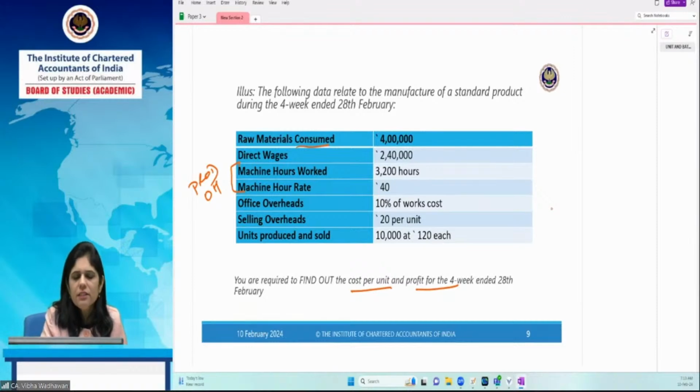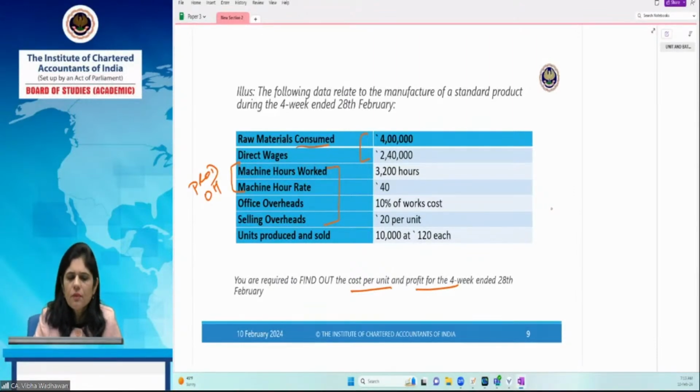Overheads are always given a rate of absorption, and material and labor, the direct cost, will always be actual. So what is the basic difference? Direct cost is always actual. It is straight away allocated directly to the product because it is measurable. But overheads are absorbed on some basis. Production overheads are absorbed on machine hour, office overheads on works cost, and selling overheads on a per unit basis.